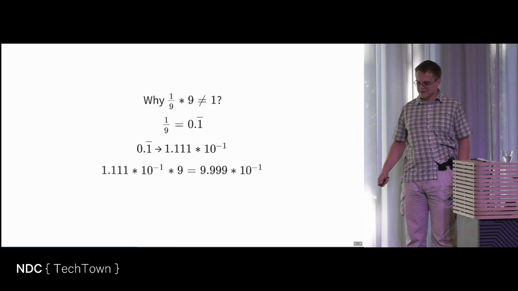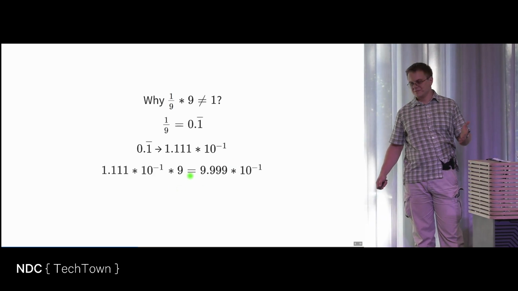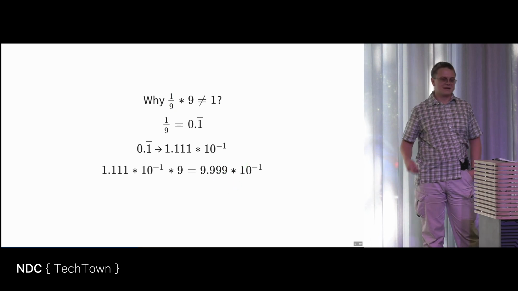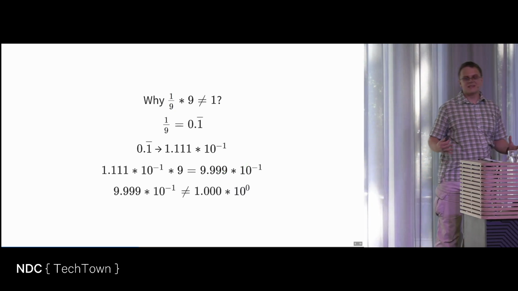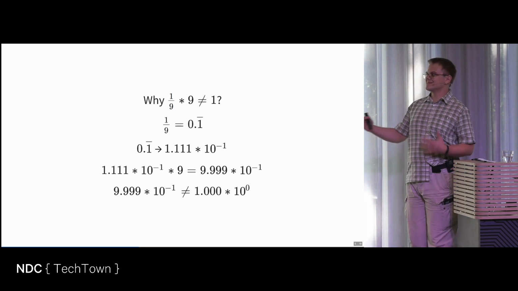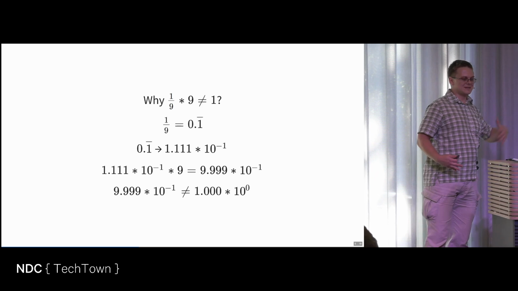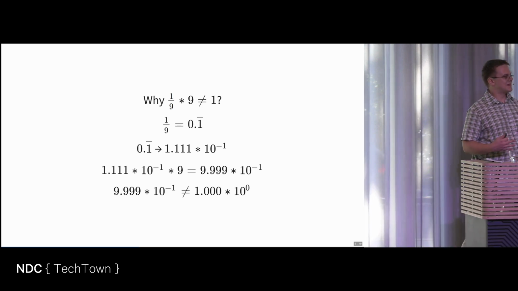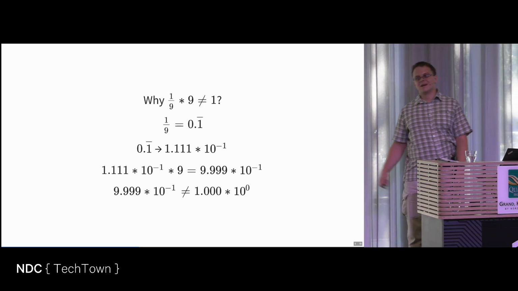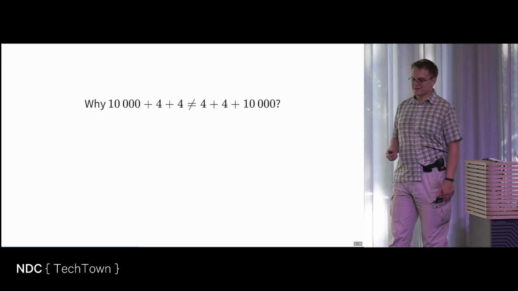Now, if we multiply it, we get 9.999 times 10 to the power of minus 1, which is definitely not 1. These two numbers are no longer equal, because we rounded off the repeating part, because we don't have anywhere to store it.